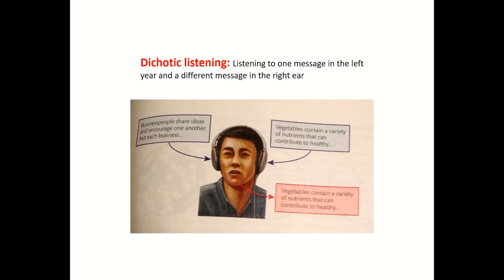Dichotic listening. This is something interesting, that your two hemispheres sometimes cannot pay attention simultaneously. That is a weakness in our sensory processing, that sometimes the brain cannot detect or process two different things simultaneously. And this is a good example of that.